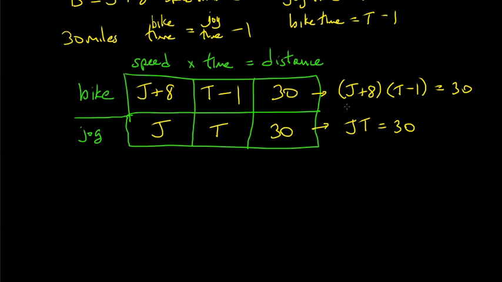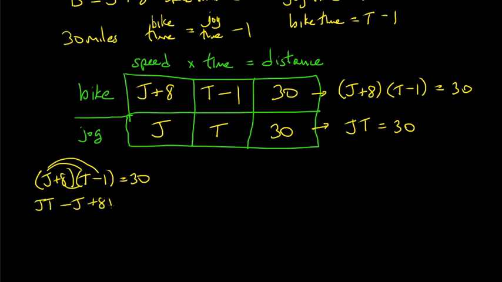So a couple of ways you can attack this. I would multiply this out here, right? Let's just FOIL that. So let me rewrite it. (j plus 8) times (t minus 1) is equal to 30. So j times t minus j plus 8t minus 8 equals 30.